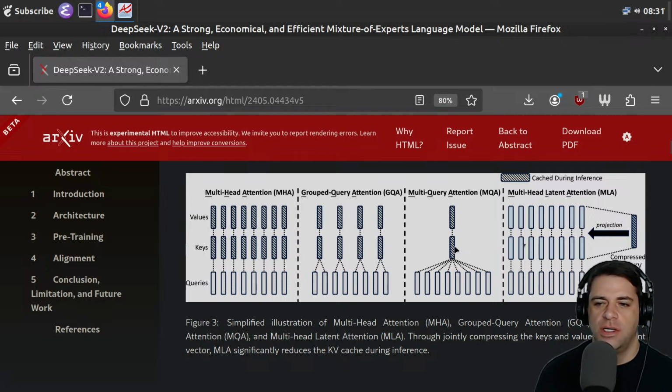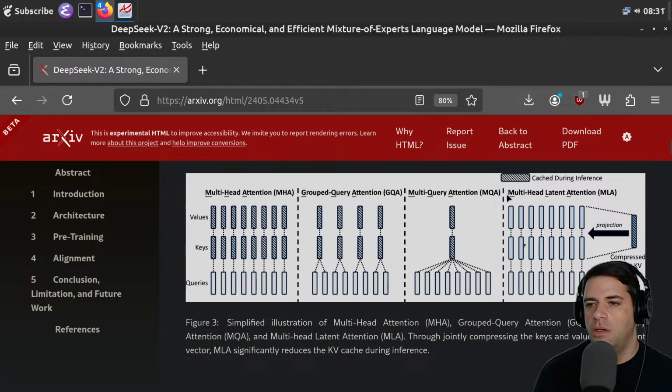Multi-query attention, I don't know how this compares to whatever the first attention model was, but basically you have different queries, but they all share keys and values, and that reduces the size of the cache by the number of heads.